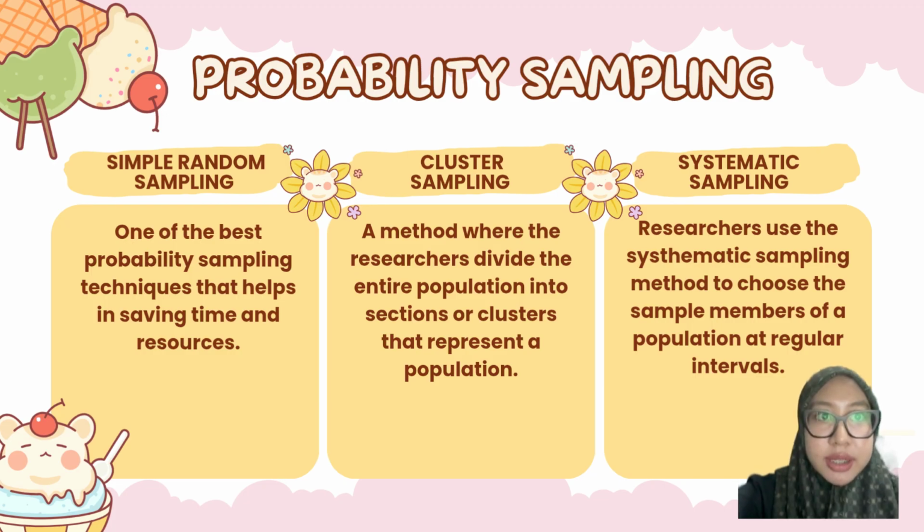Number three is systematic sampling. Researchers use the systematic sampling method to choose the sample members of a population at regular intervals. It requires the selection of a starting point for the sample and a sample size that can be repeated at regular intervals.